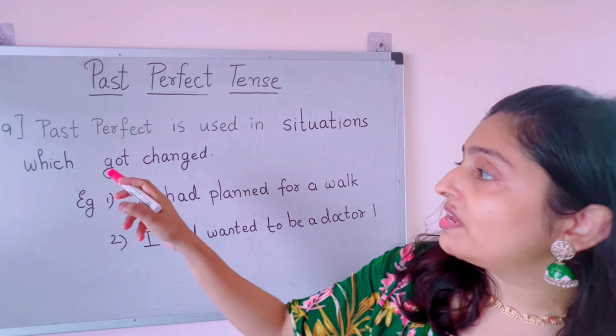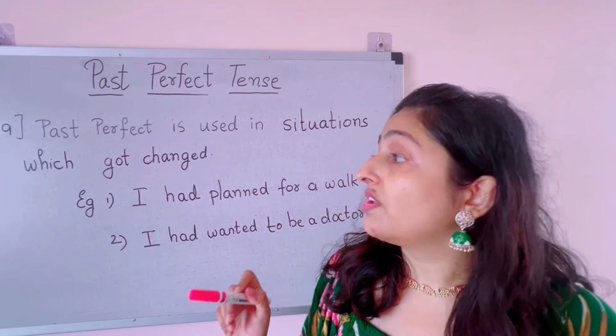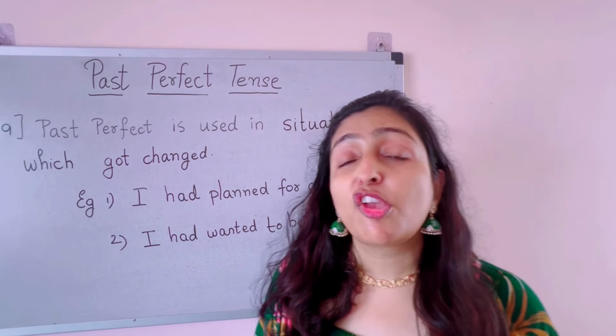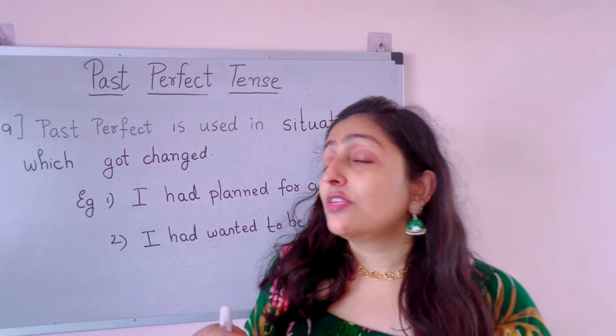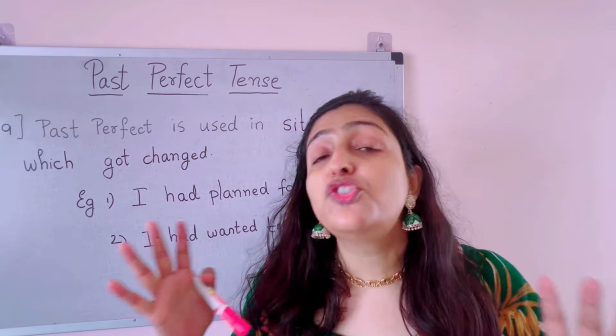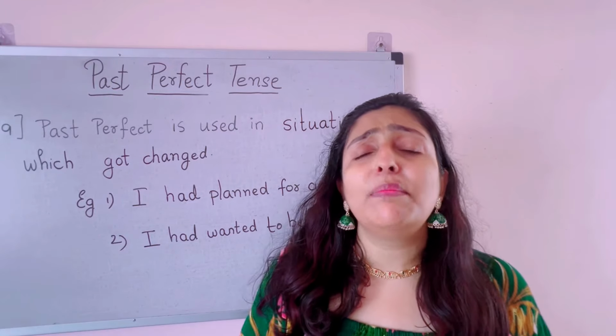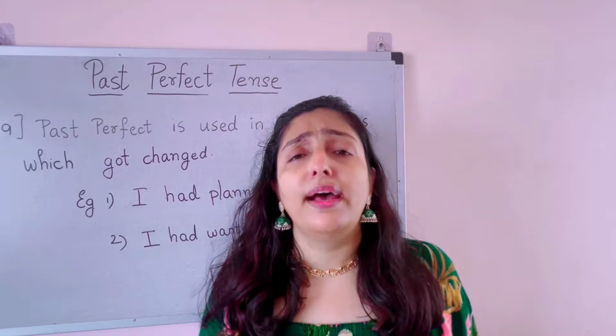This is rule number 9. Past perfect is used in situations which got changed. To be precise, in some actions which are already changed and nothing can be done now. Whatever happened has happened, it cannot be undone.